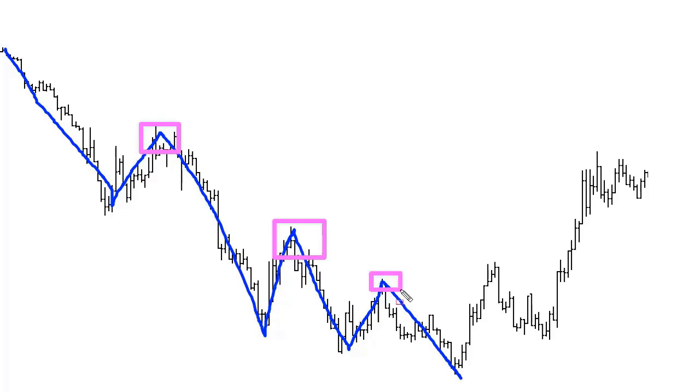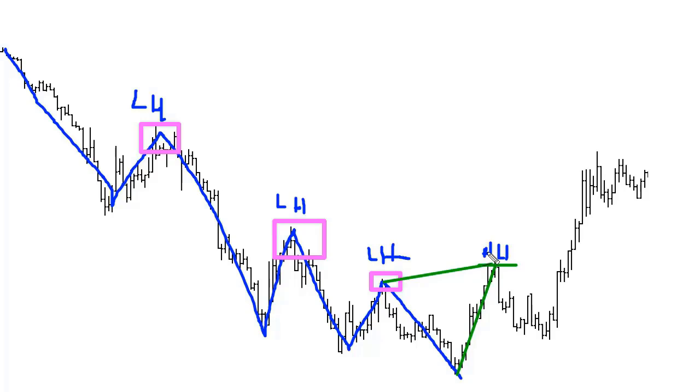But look what actually happened here. We then rallied up and created this high here. This is now a higher high. So we went from a lower high to now a higher high.